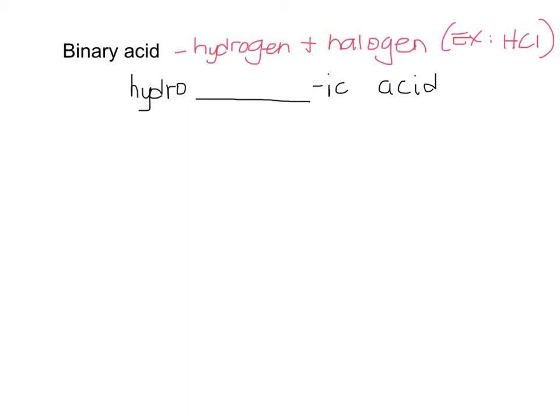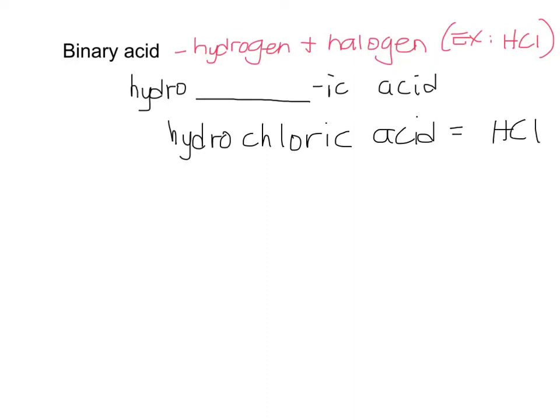Since we have in this example hydrogen and chlorine, we look at the halogen. So this would look like hydro, and because the halogen is chlorine, I'm going to write chlor for chlorine and then replace the ine with ic acid. So this is HCl, hydrochloric acid. It's as simple as that.